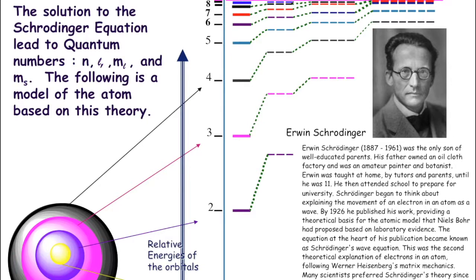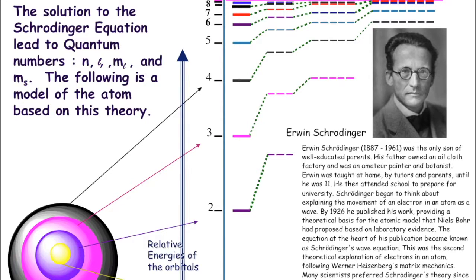It was the second theory that was proposed about the electrons. Heisenberg proposed something called the Heisenberg uncertainty principle, and it was based on mathematical matrices, and the physicists at that time were at war as to which theory to believe. Schrodinger was much easier to visualize, but Heisenberg was much easier to see in terms of the mathematical relationship.